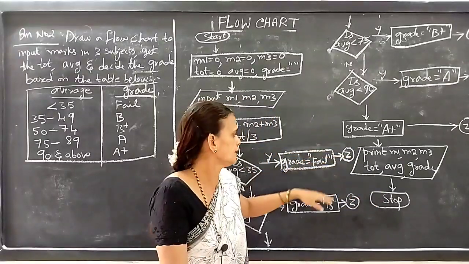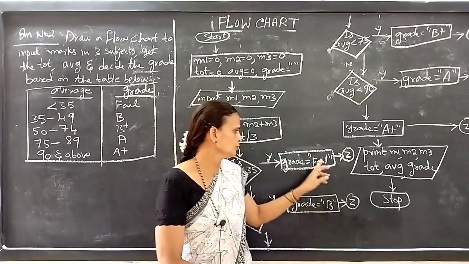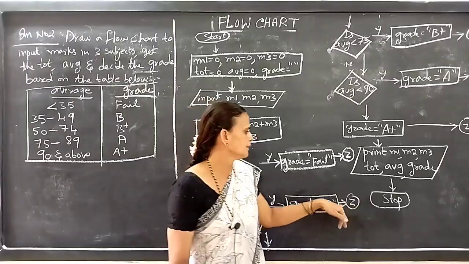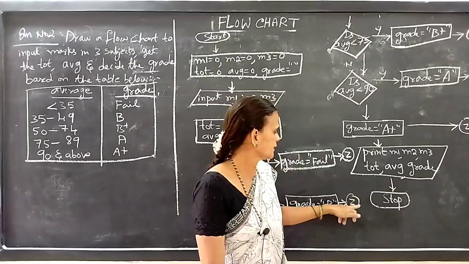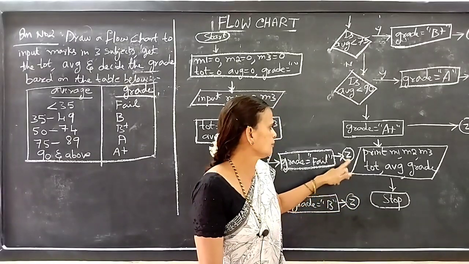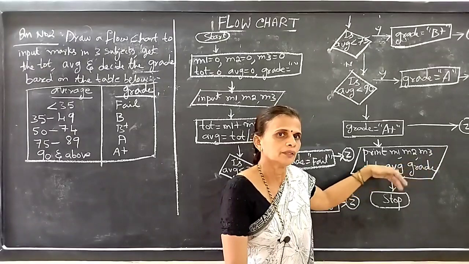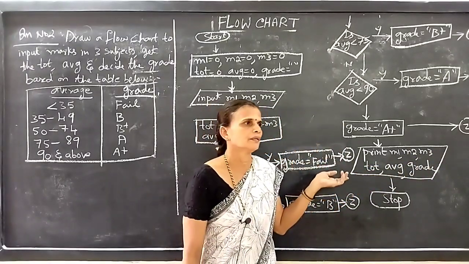Understood? Learn the way connectors are used to join the symbols. More than one connector having the same alphabet or same symbol means they are interconnected; the flow chart is connected.